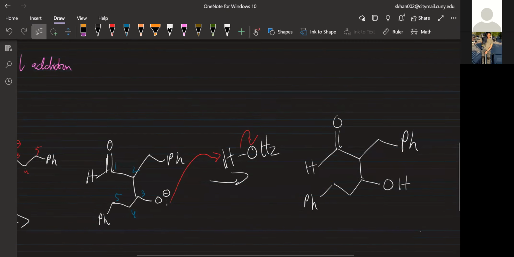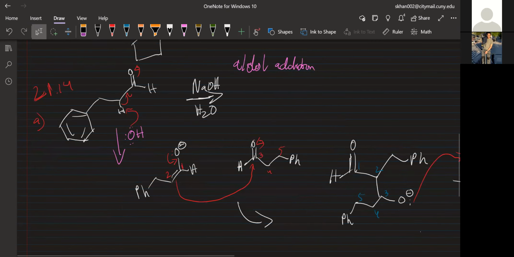Generally, I would assume you'd stick to aldehydes, and that's why this is called an aldol addition. You could still do this with a ketone, but the issue with ketones is that you have 2 alpha positions. You could have a mixture of products, depending on the symmetry of your ketone.